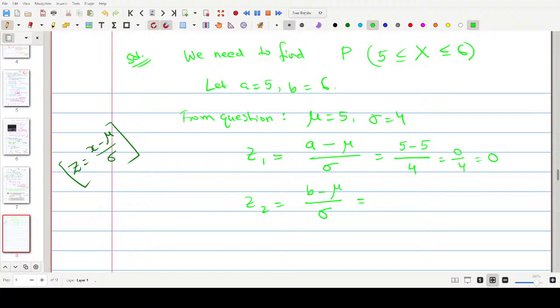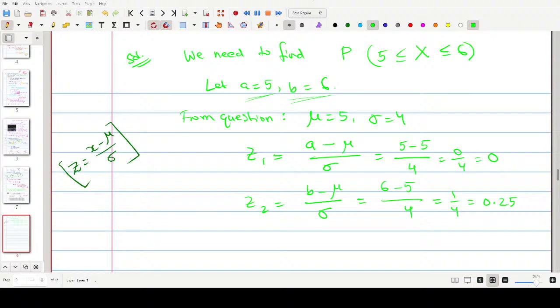B is 6, so 6 minus 5 by 4, that is 1 by 4, which is 0.25.